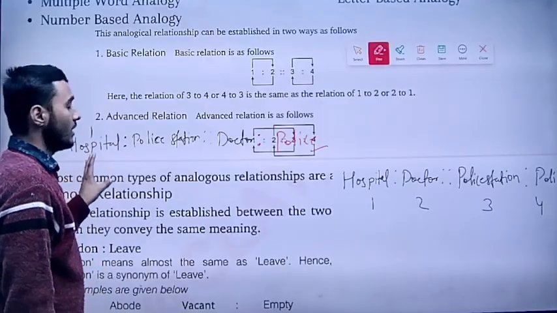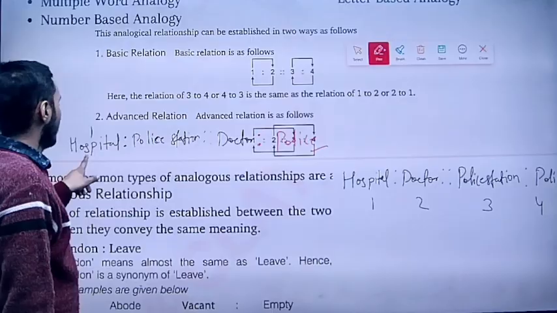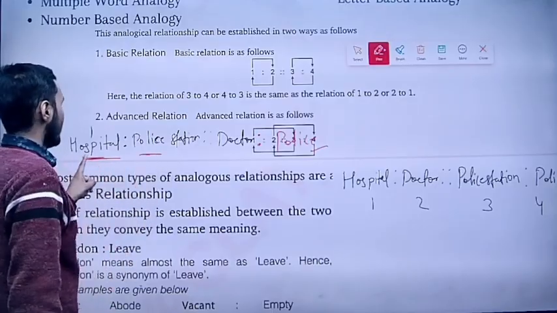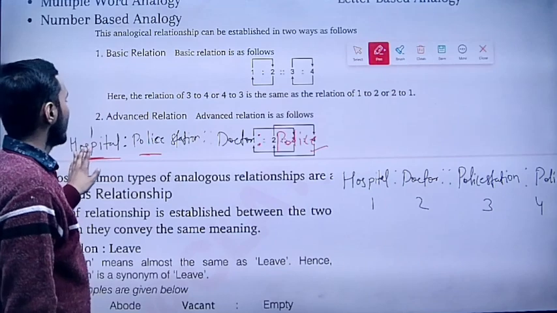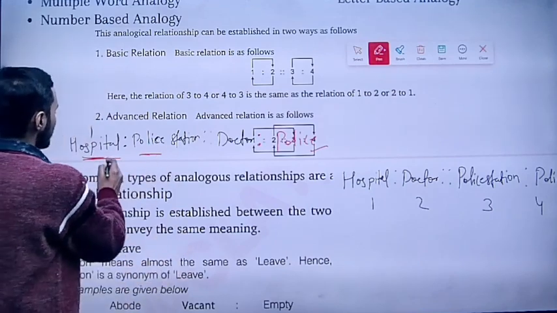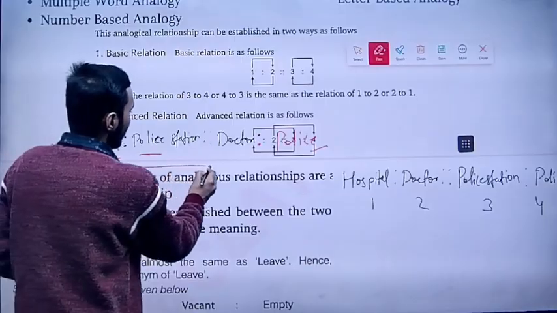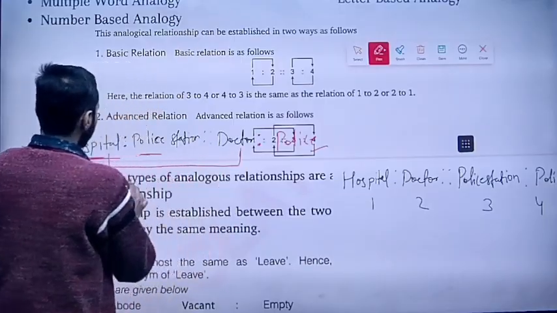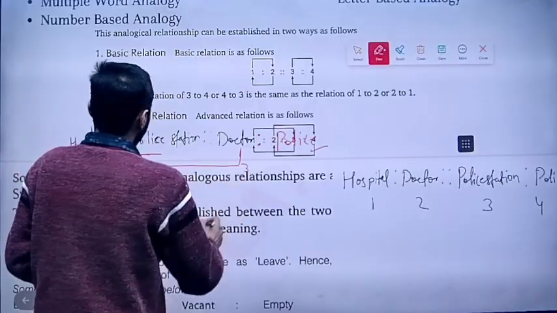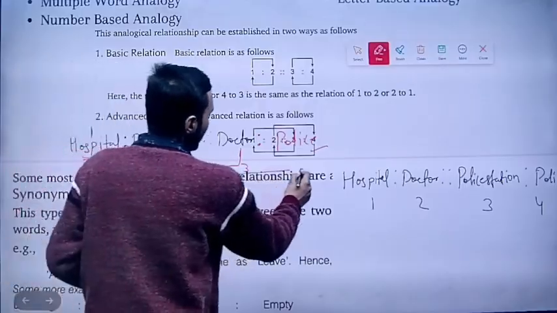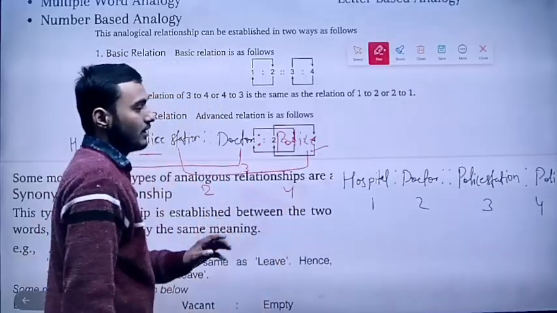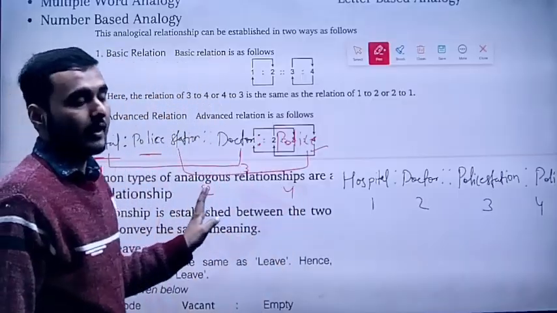You clearly find that there is no direct relation between the first and second place, because we cannot relate hospital to police station. So in this question we find that hospital relates with doctor, and their positions are first and second, and again police station relates with police, and their positions are second and fourth.